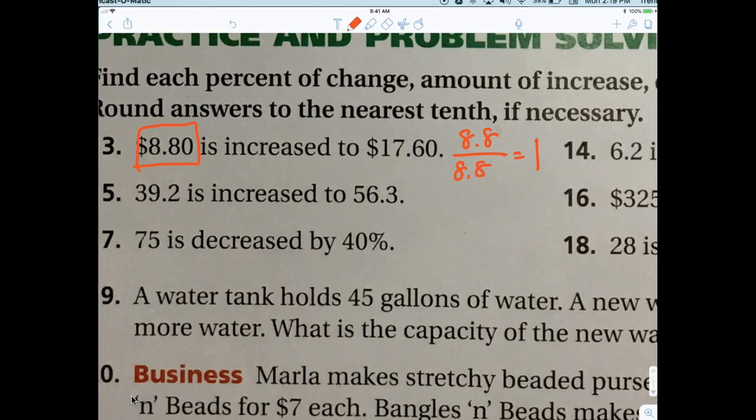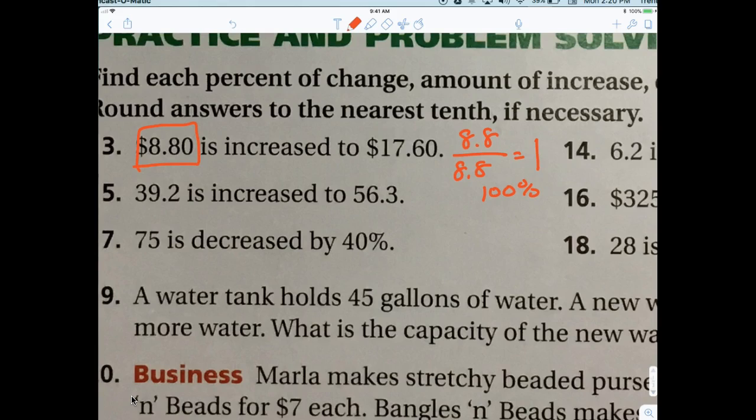You with me on this? Right, because you got to remember, you got to move the decimal 2 places. So 1 is the same as 100%. Everybody hearing me? All right. 8.8 divided by 8.8 is 1. So 1 is the same as 100%. All right, so you increase the price by 100%.